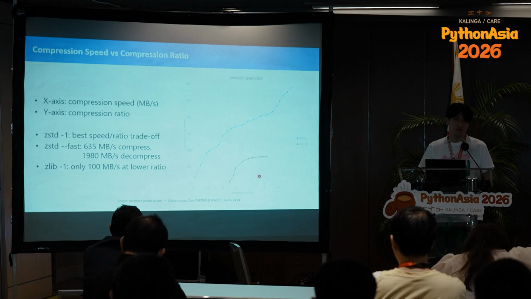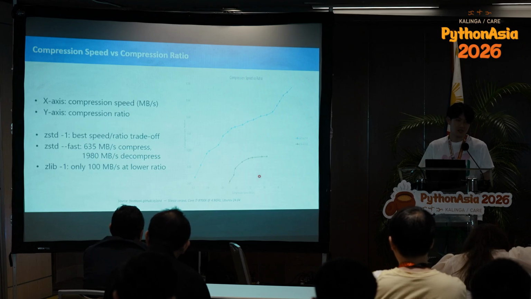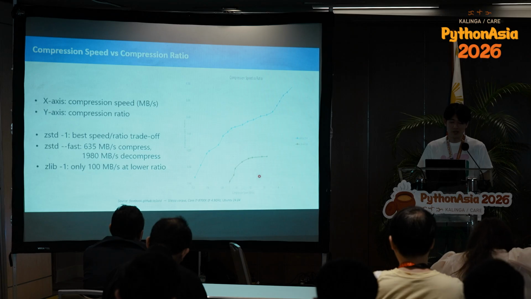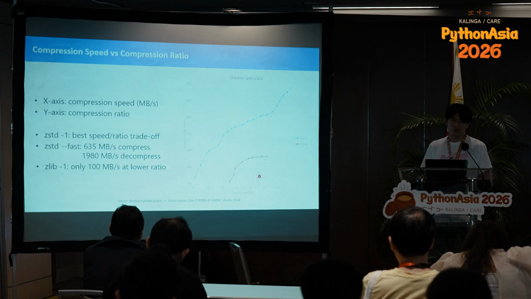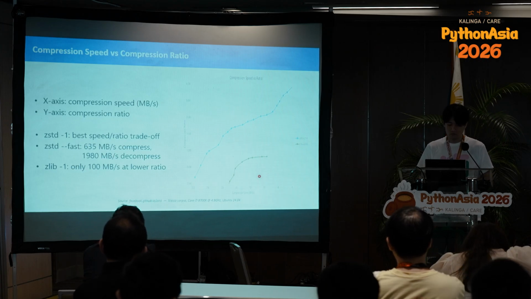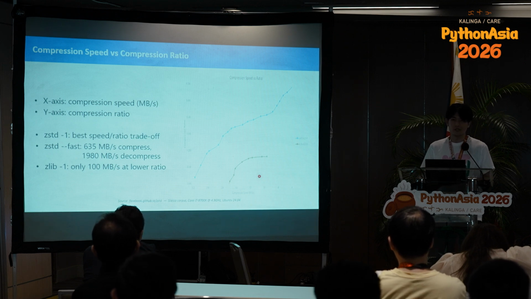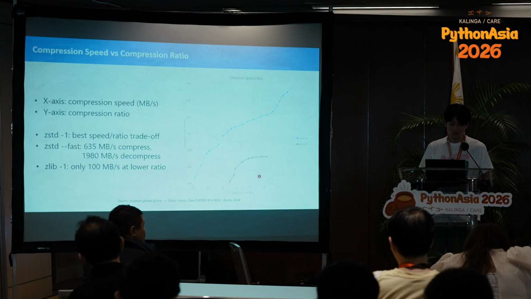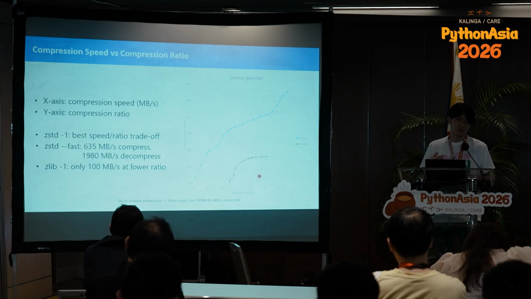As you can see in the graph, there are two points. The first point is that compression speed and compression ratio have a negative correlation. If the compression speed becomes higher, the compression ratio goes down. The second is that Zstandard's performance is overall better compared with zlib. You can see Zstandard is fast and has a good compression ratio.